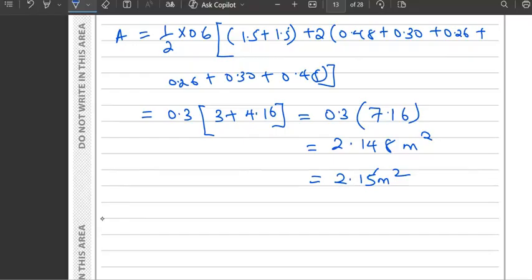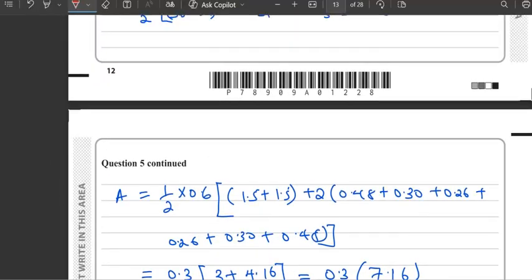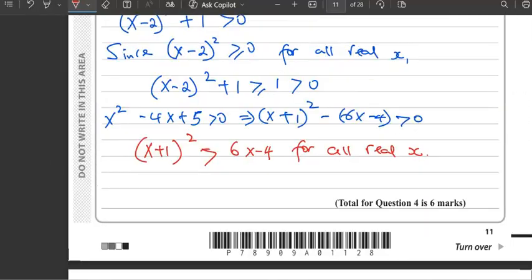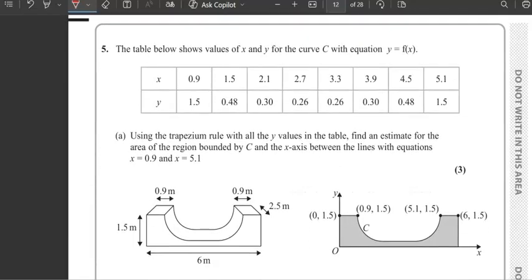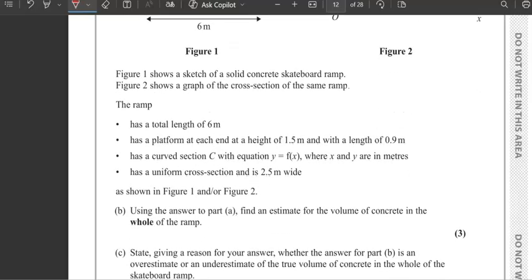Now we can also consider part B, and for part B I want us to sketch, because there's something I want you to see here. So if we look at part B from the diagram up here, after giving all this information, using the answer to part A, find an estimate for the volume of the concrete in the whole of the ramp.